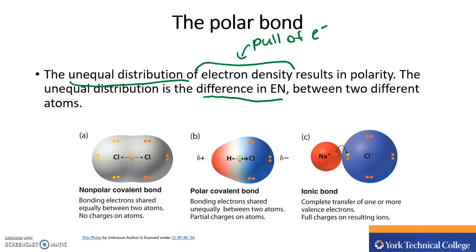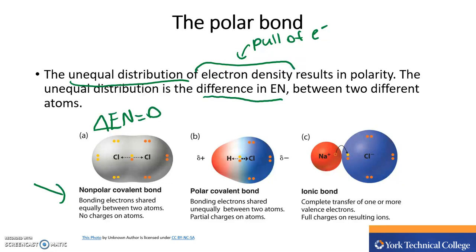So here we have a nonpolar covalent bond, just two chlorine atoms. They have the same electronegativity, so their change in electronegativity is 0.